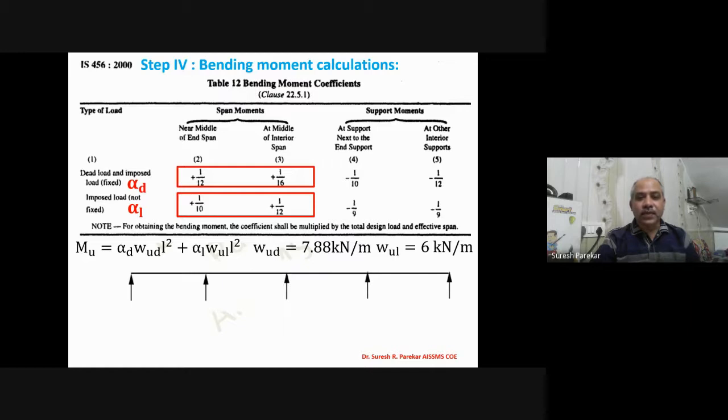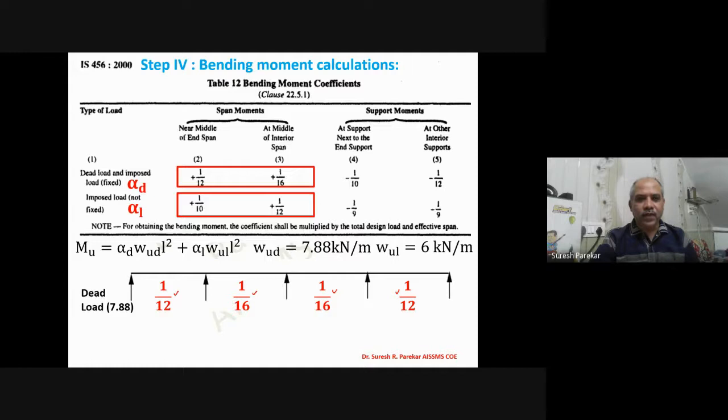Now if you see the coefficients for dead load, you can see we have near middle of an end span. So we have this as end span. The values we have are 1 by 12 here, 1 by 12 here. And then we have at middle of interior span, for both of these, 1 by 16, 1 by 16.